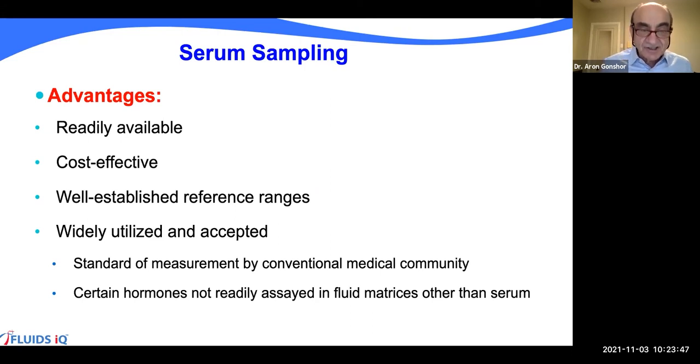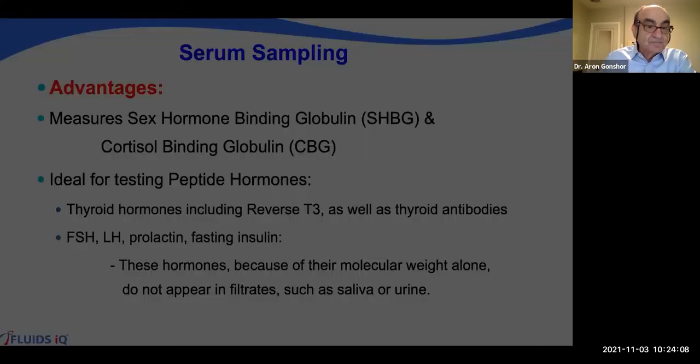It can be cost effective for many different types of analytes that you're looking for. We know that it's extremely well established in terms of its reference ranges, and it is widely utilized and quite accepted. So we do know that blood sampling, especially serum, is ubiquitous today.